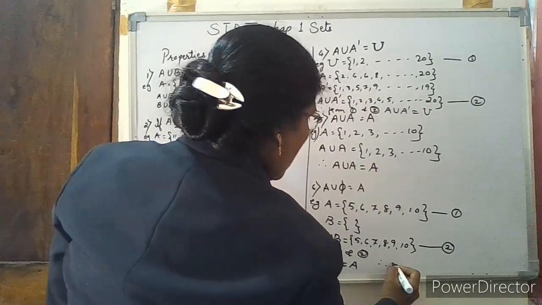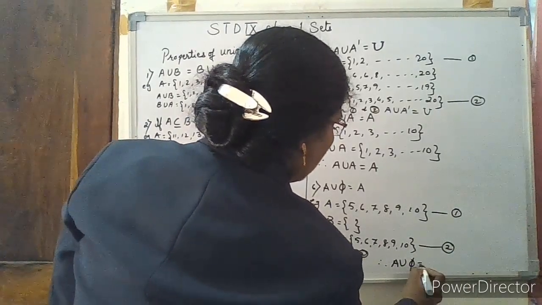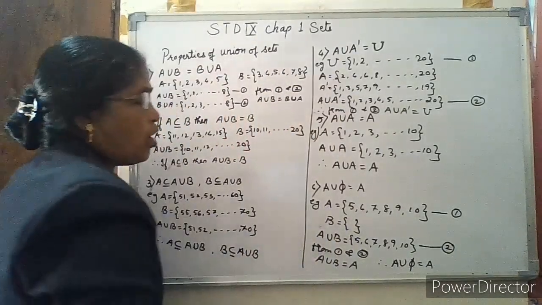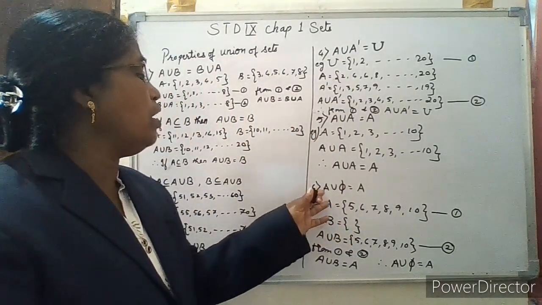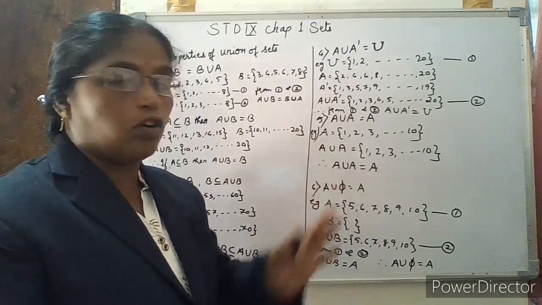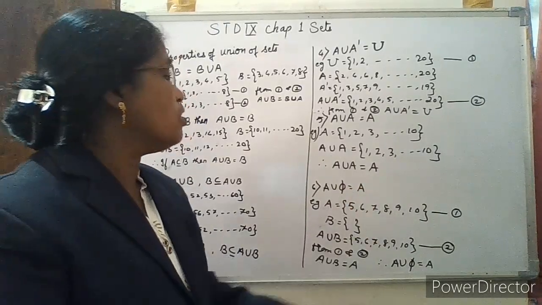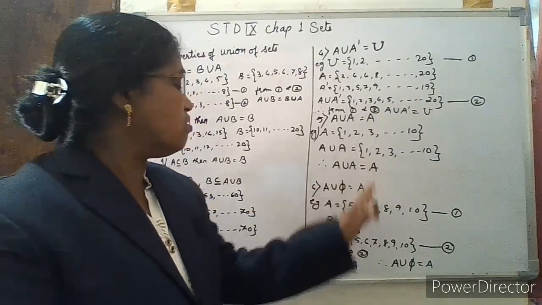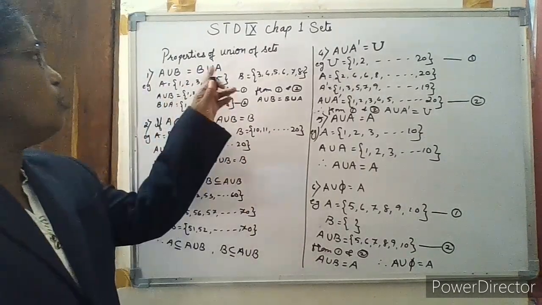Therefore, A union empty set is equal to set A. So any set, suppose set B union empty set is equal to B. Set C union empty set is equal to set C. Set D union empty set is equal to set D. So, these are the properties of the union of sets.